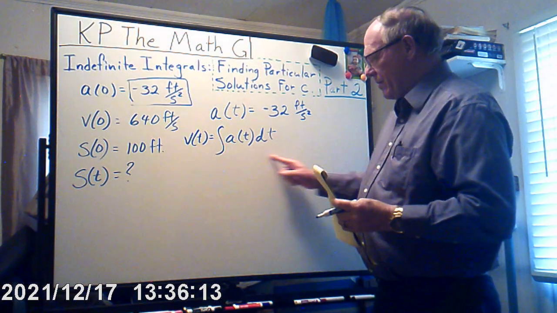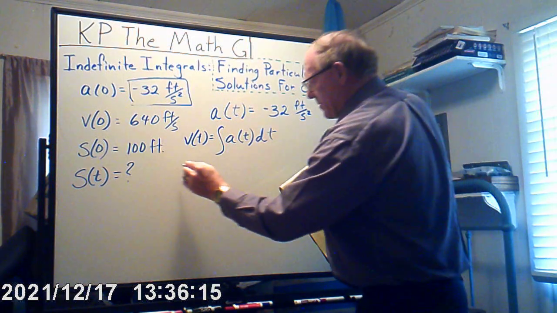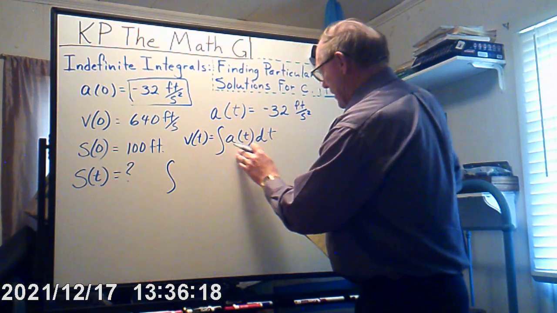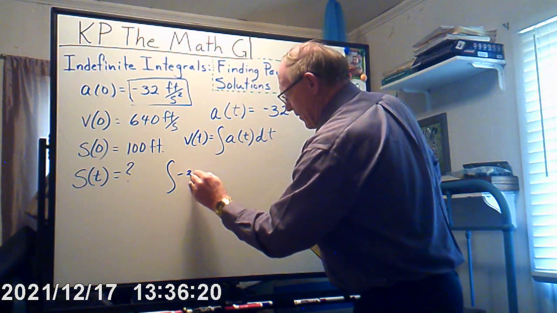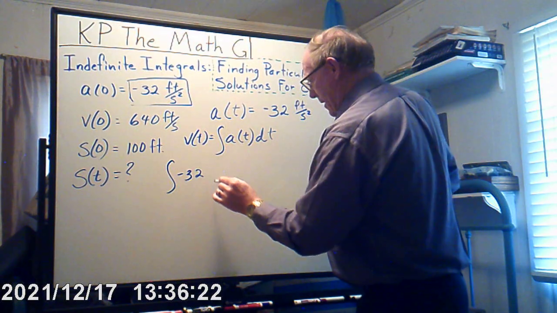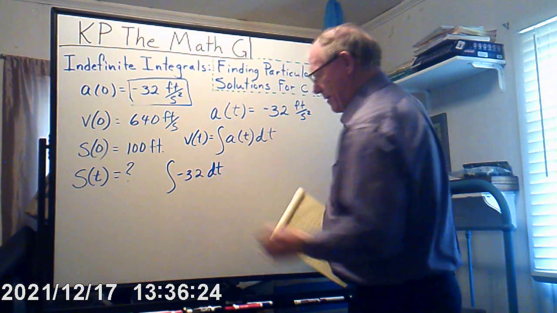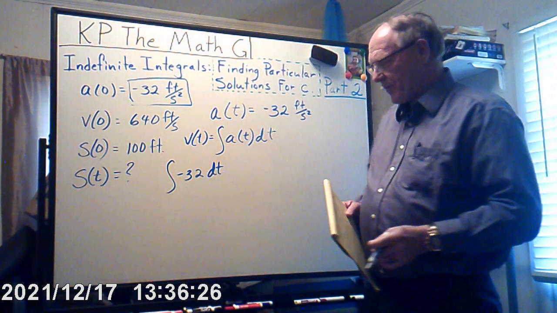And so what I'm doing here is a at t happens to be negative 32, dt. That's how you set up the first part.